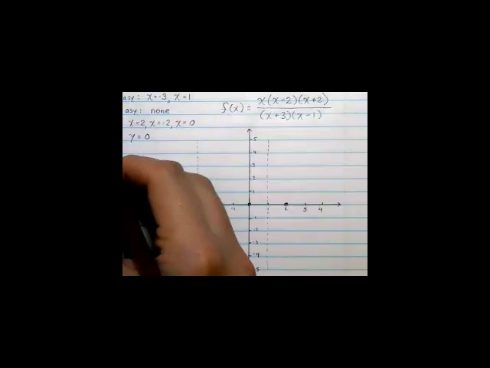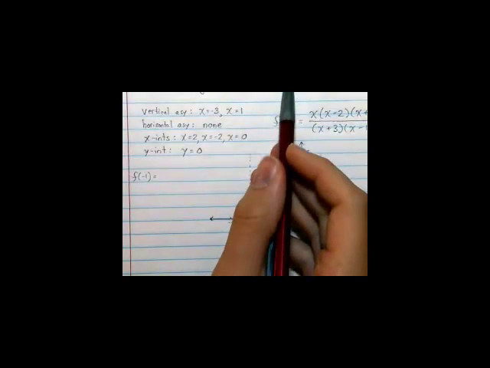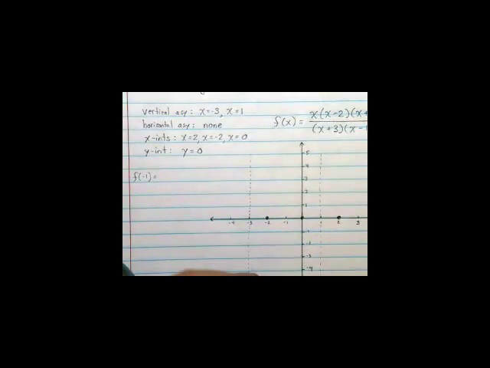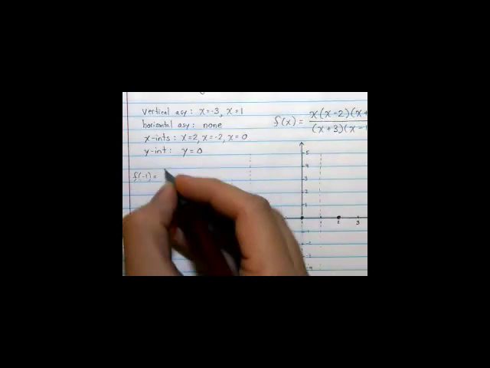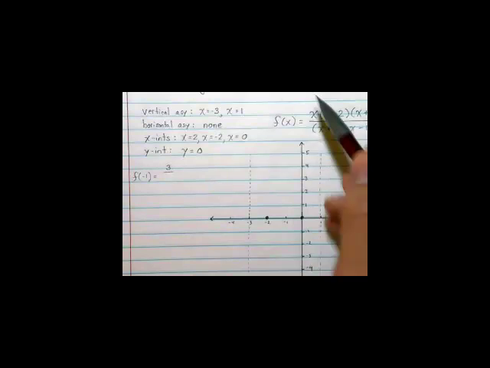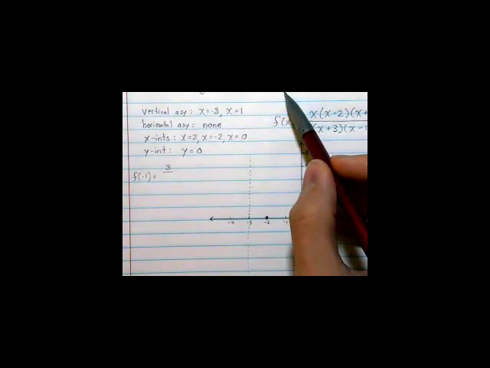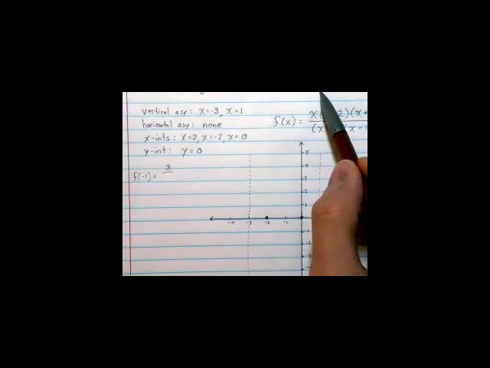Okay. So I'm going to just hop over to the side here. If I plug in a -1 into the function, let's see what I get. So I get -1 cubed, which is -1, minus 4 times -1. So that's going to be -1 plus 4, so that's 3 on top. And then on the bottom, -1 squared is 1. It would be -2 minus 3.